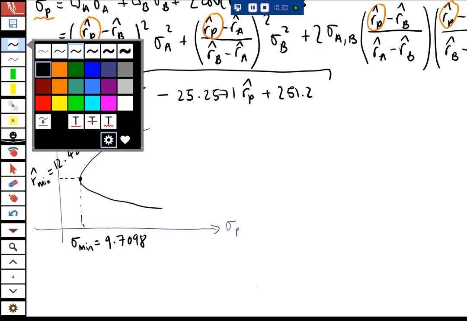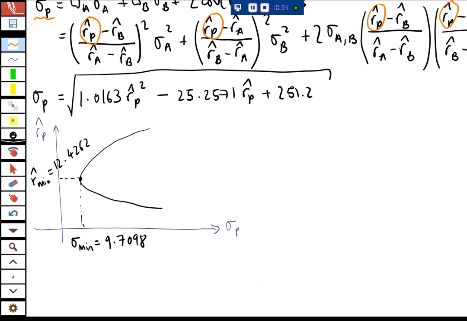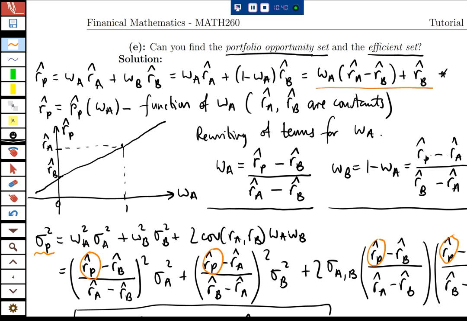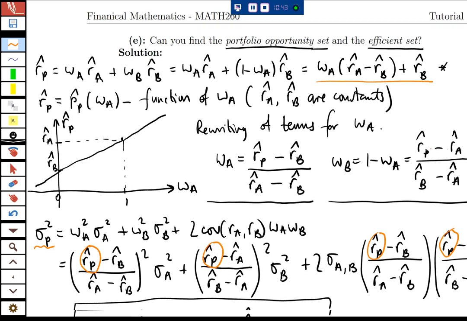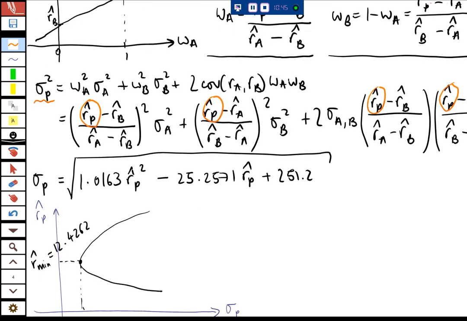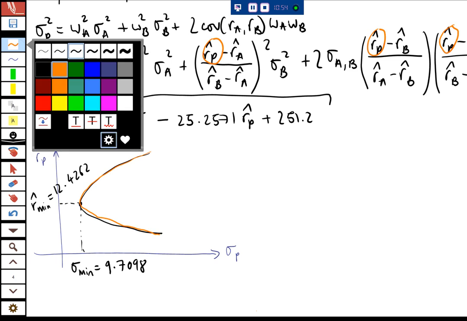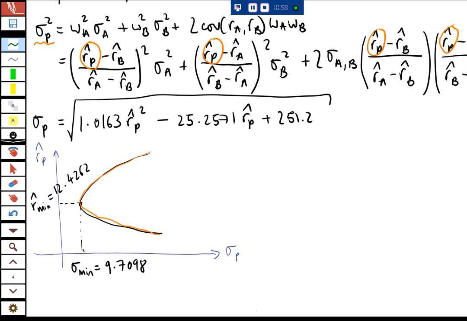Okay, so the different things we need. Let's go back up. We've got the portfolio opportunity set and the efficiency set. So the opportunity set is the whole thing, the orange, and the efficiency set is just this part of the graph here.